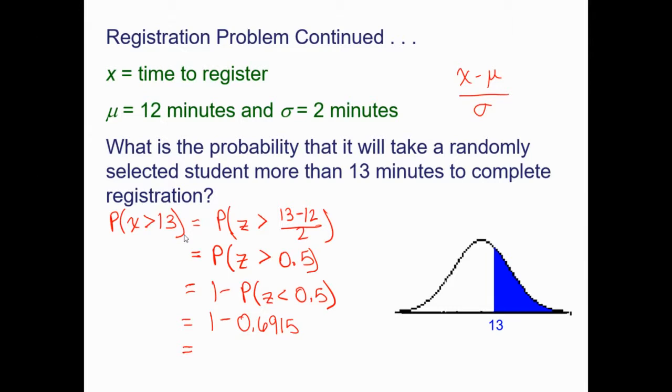Okay, so when we subtract, what do we get? 0.3 something. 0.3085.